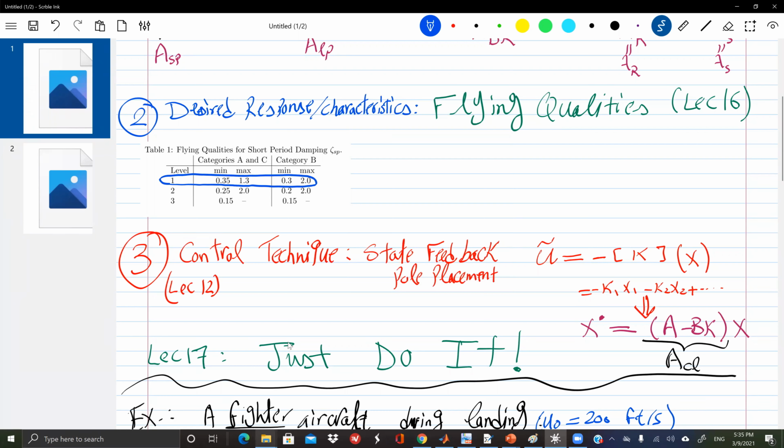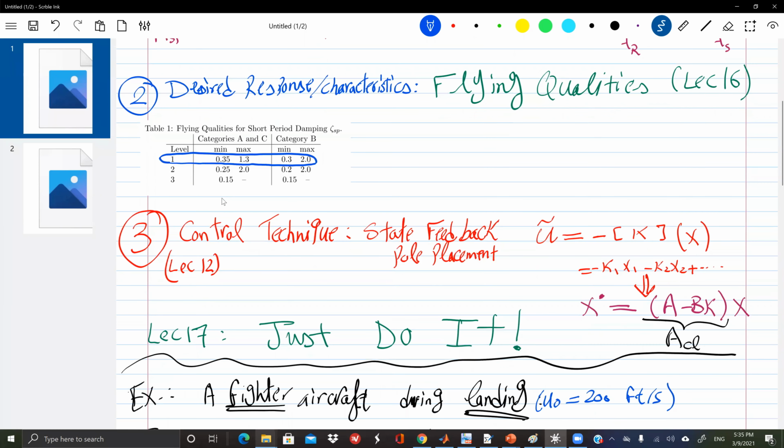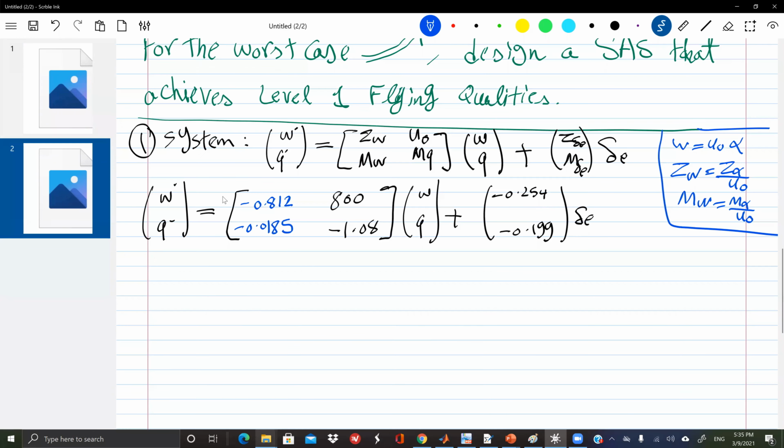So this is the range. And like I said, we are in Cat A because it's military stuff, air-to-air combat. So I have the minimum and maximum. We always shoot for the middle of the range for robustness. So here we shoot for the average between 0.35 and 1.3. This is the second step, the desired response.